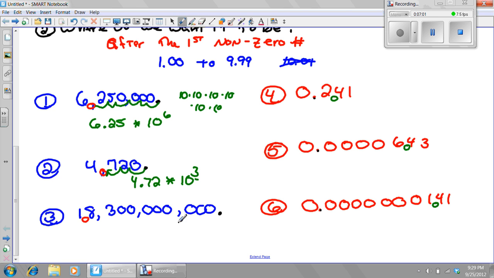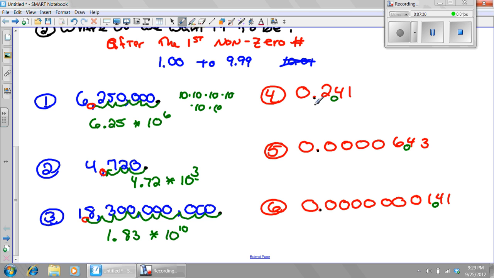All right, this one here, it looks like it's going to go 1, 2, 3, 4, 5, 6, 7, 8, 9, 10. My decimal becomes 1.83, and I'm going to multiply by 10 to the 10th power. Pretty simple, isn't it?